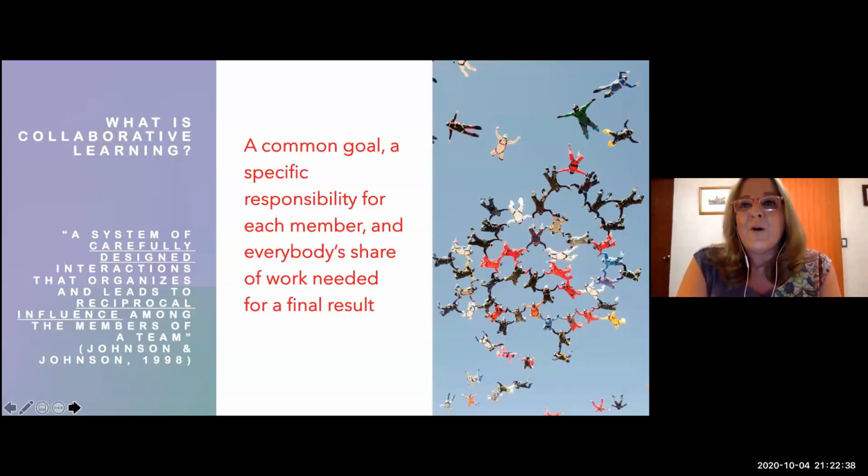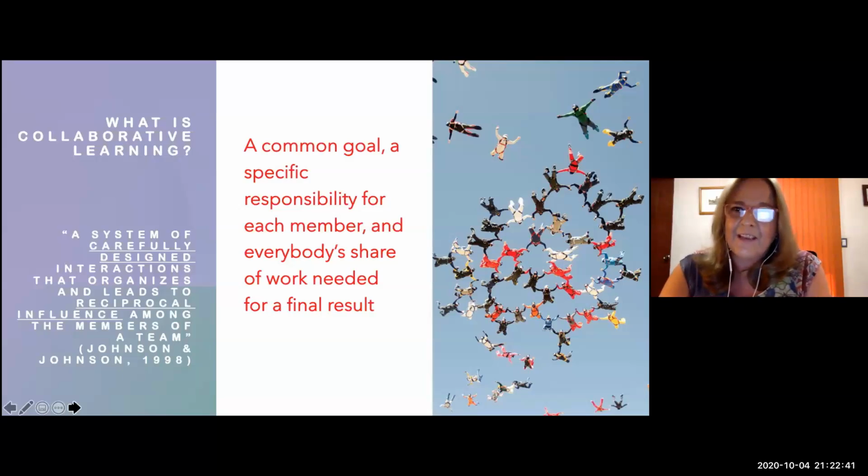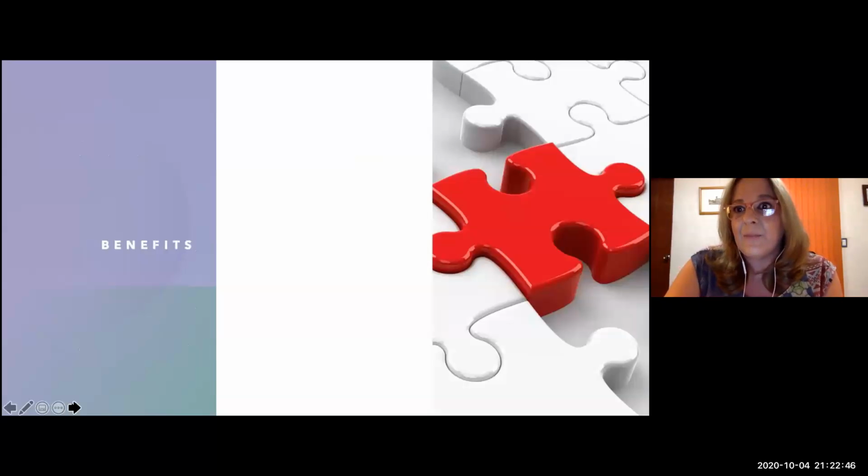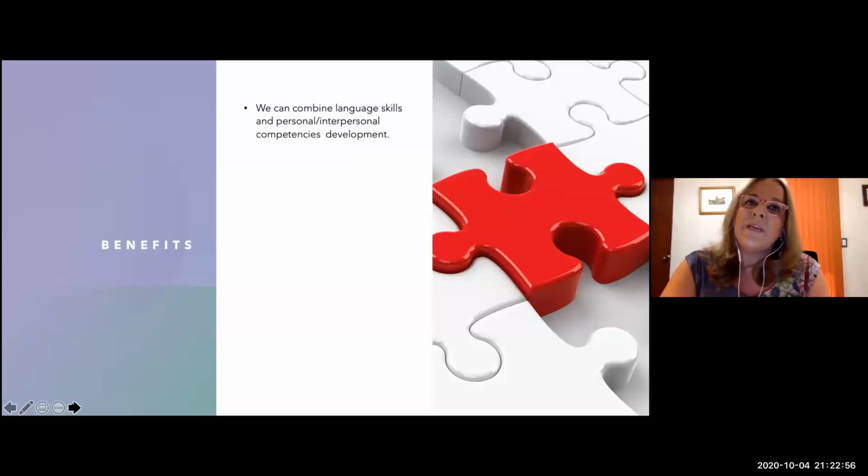So before I get into the tips section, I would like to talk a little bit about the benefits of collaborative learning, why we should be including it in our English classes. The first one is that we can combine the development of language skills, which is what we as teachers of English want to get, and also the development of personal and interpersonal competencies, which is our aim as educators.